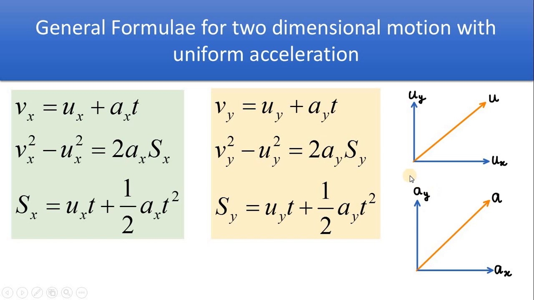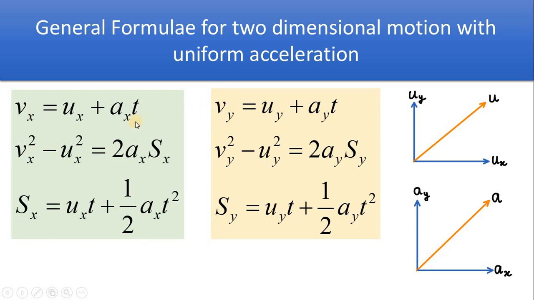So according to mechanics, motions in two perpendicular directions are completely independent of each other. That's why we write the equations of motion independently for x direction and independently for y direction. In fact, we should know here that the acceleration which is acting along x direction can cause the change only in the x component of velocity, and the y component of acceleration can cause the change in the y component of velocity only.